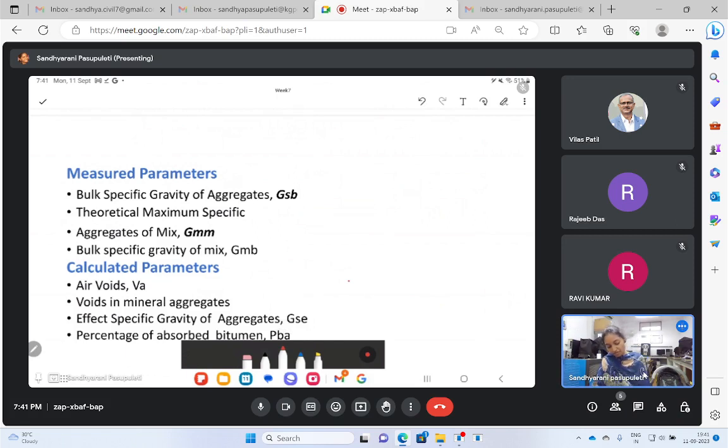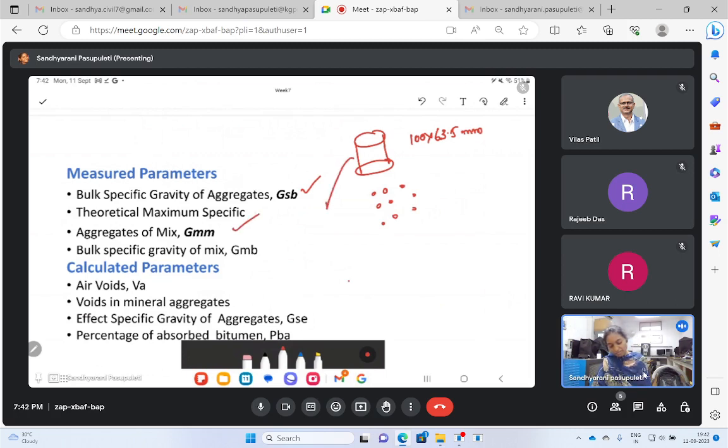So this is the asphalt mixture specimen, 100 by 63.5, a Marshall specimen. Once after preparing, we already know initially the specific gravity of aggregates. Then we prepare the loose mix and calculate the specific gravity of that loose mix, which is called GMM, theoretical specific gravity.